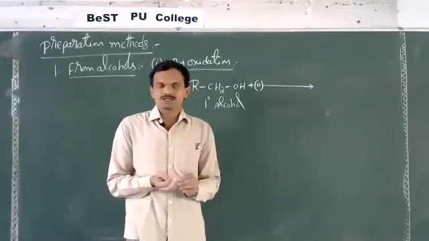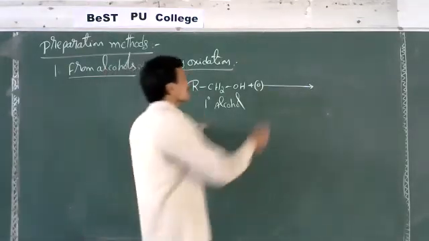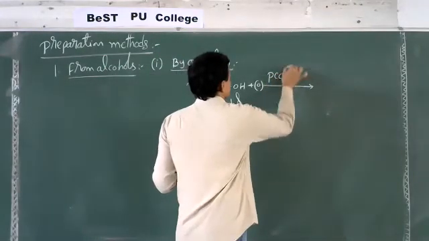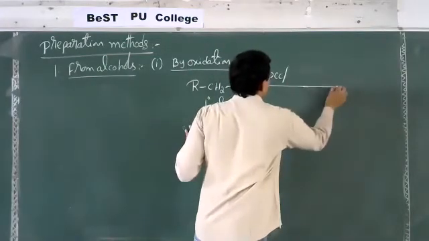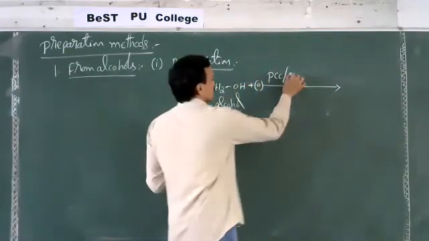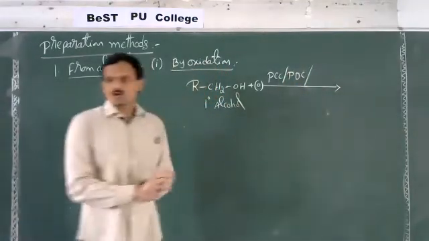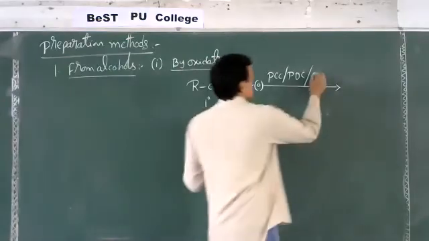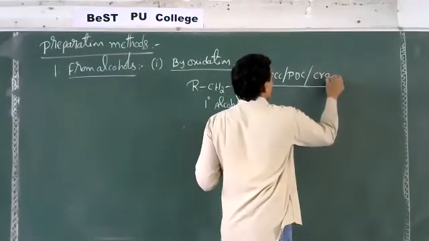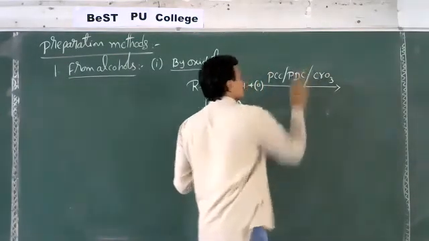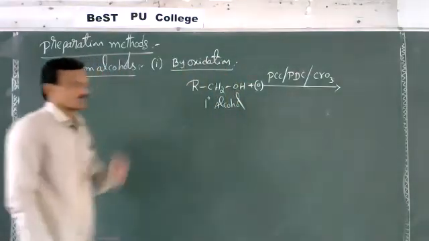See, mild oxidizing agents like PCC. What is meant by PCC? Pyridinium chlorochromate. Otherwise PDC, pyridinium dichromate. Otherwise CrO3, chromium 6 oxide. So these are all mild oxidizing agents.